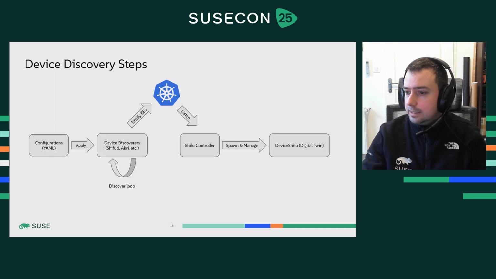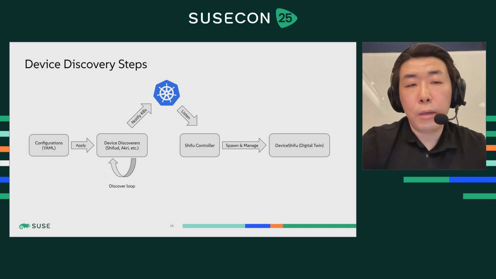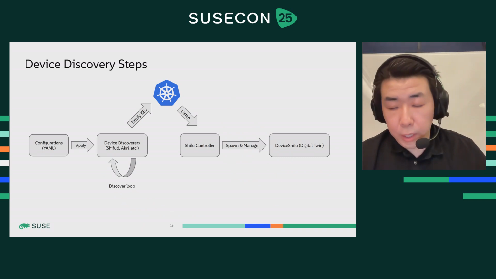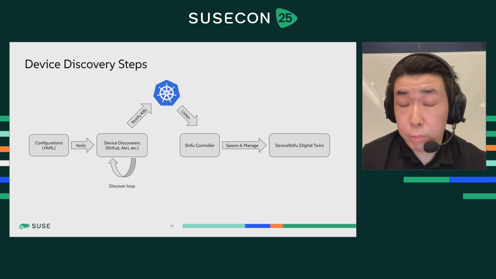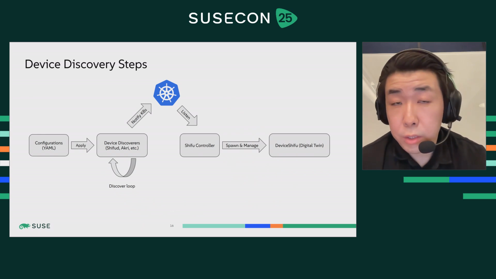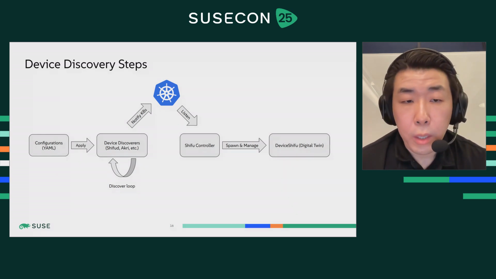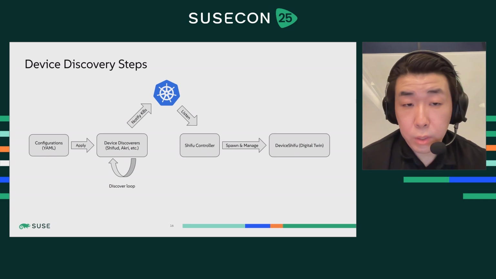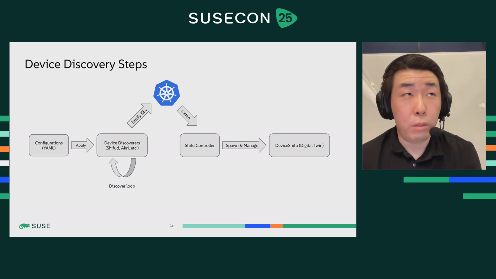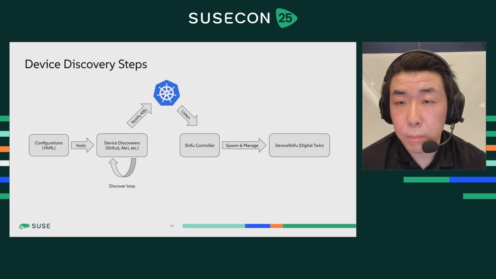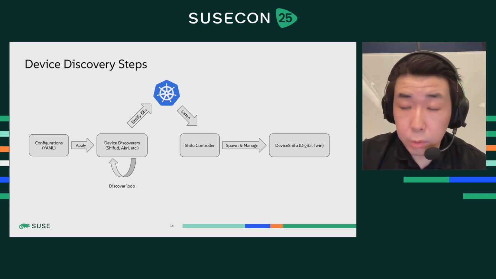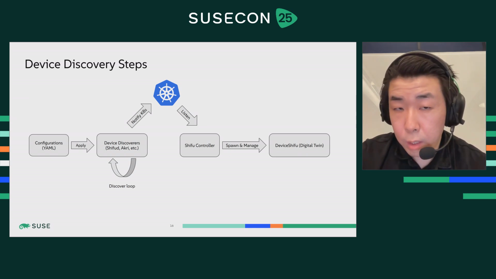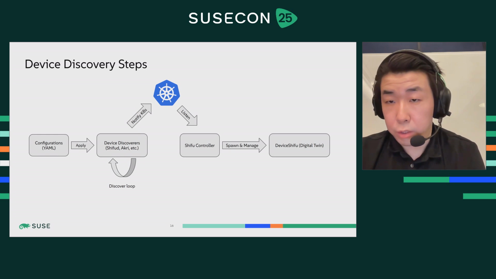All right. So after the cluster has been bootstrapped, several containers or several pods will be deployed into the IoT gateway. And then Shifu discoverers will start looking for devices based on either IP address or multicast groups or some protocol specific signatures.